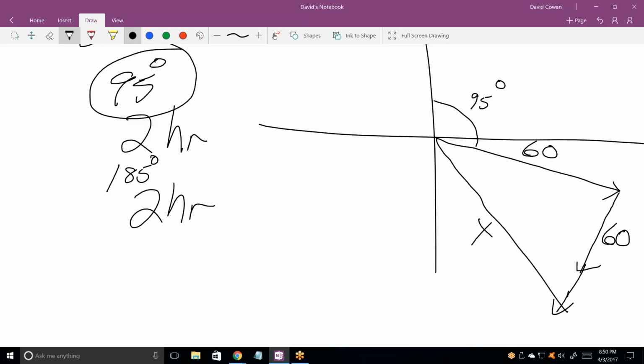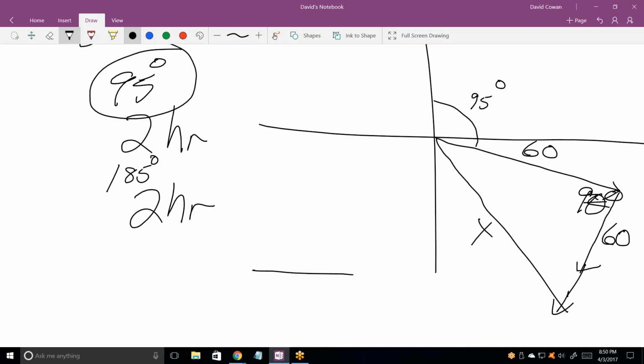What's this angle Z right there? I think it's 90. Yeah, you think correct. If that line is 95 and this is 185, then that's a 90 degree angle. Okay, so it is a right triangle, and the only thing we have to do is solve the right triangle.